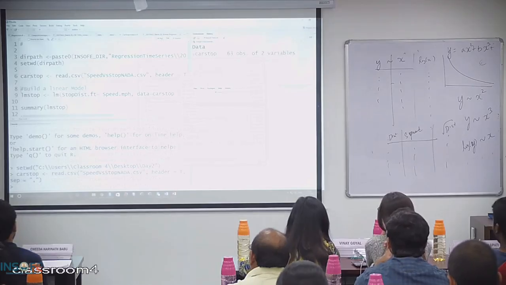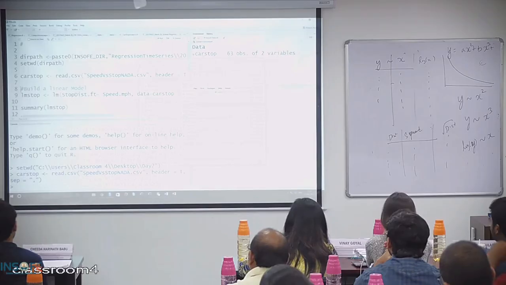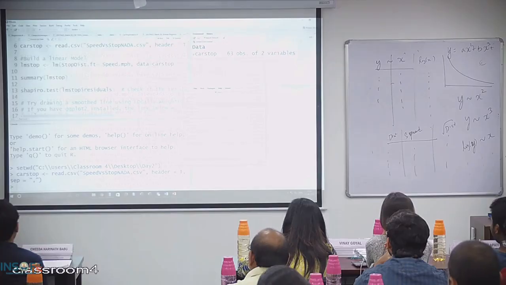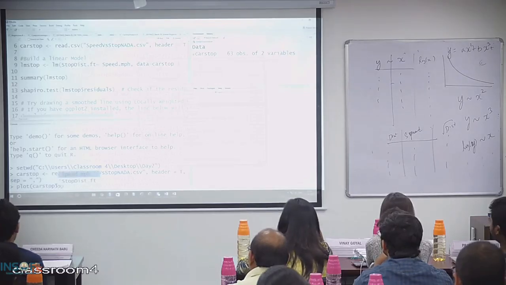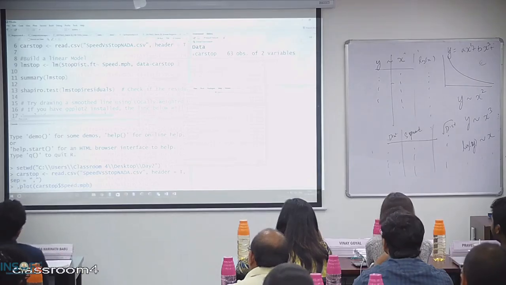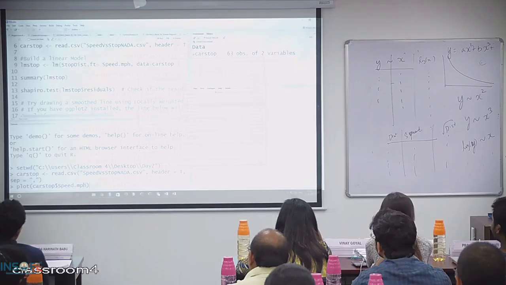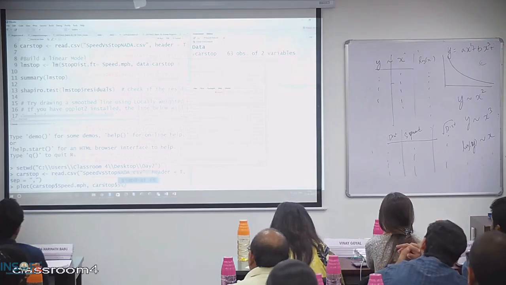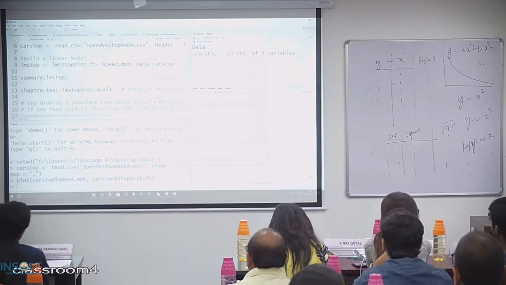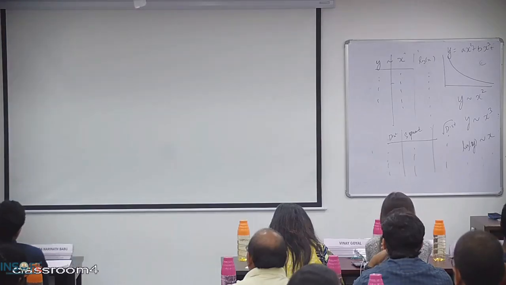So the car stop example, I'm reading the data set, speed versus stopping distance. I can plot this. That's the speed versus stopping distance example.